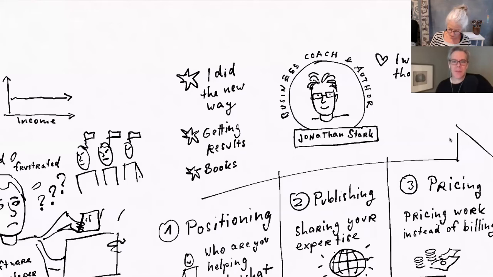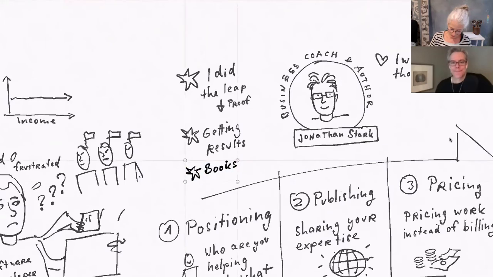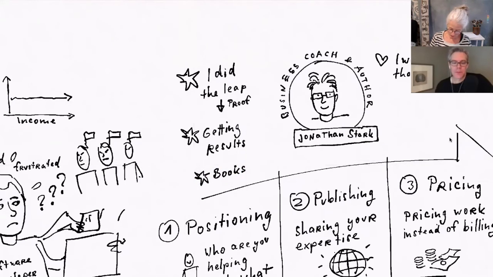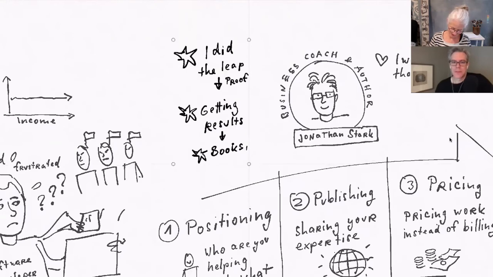I did the new way, I made the leap. That's usually how I talk about it. I made the leap. And then you have the proof. And here are the physical books and speaking gigs or something. Yeah, like a million testimonials.